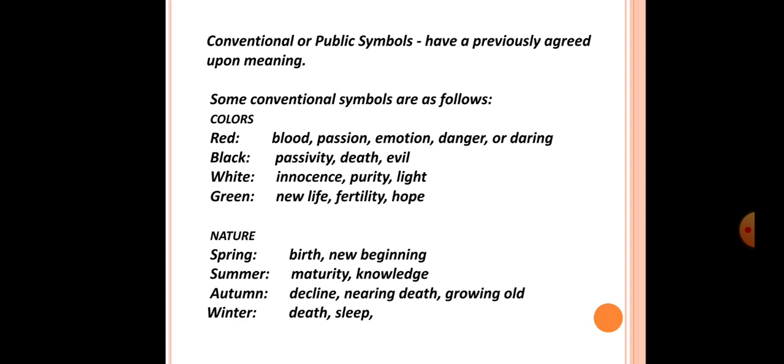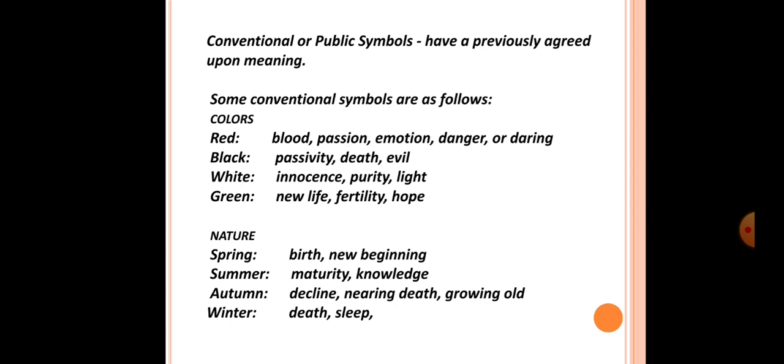Now I'll give you a few examples. If you talk about colors, red is a color which symbolizes blood. It symbolizes passion and emotion, or love, and it also symbolizes danger or daring, or bravery.